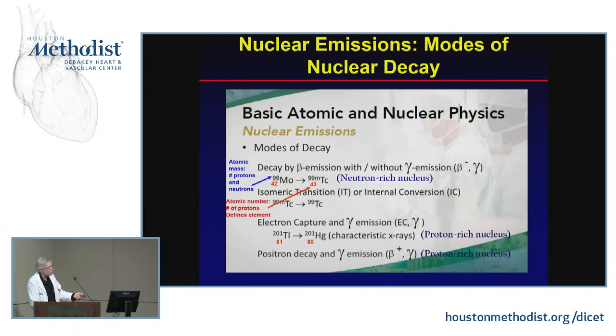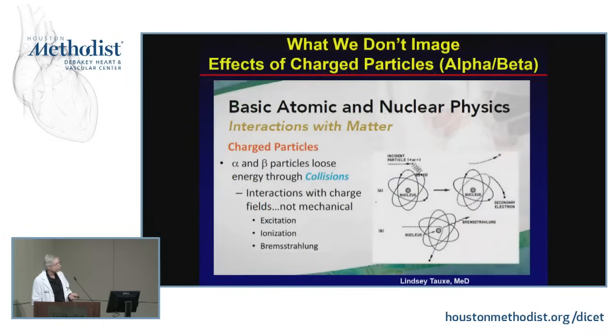You go from 81 to 80, and you notice that the element changes from thallium here to mercury. So it's important to remember the atomic mass and the atomic number and these different kinds of interactions that lead to decay. Now, again, we don't really look at beta emission. We don't really image beta emitters. We image gamma emitters. But these are some of the ways in which it's done.